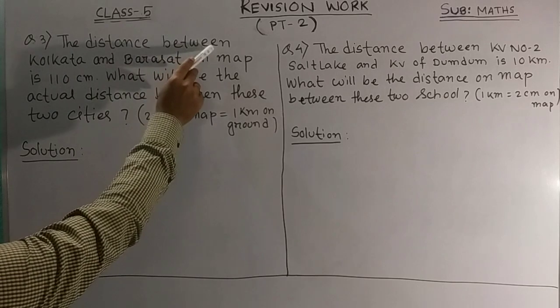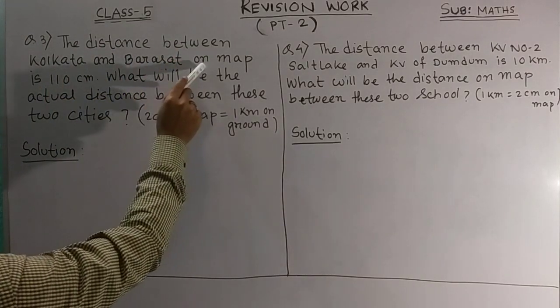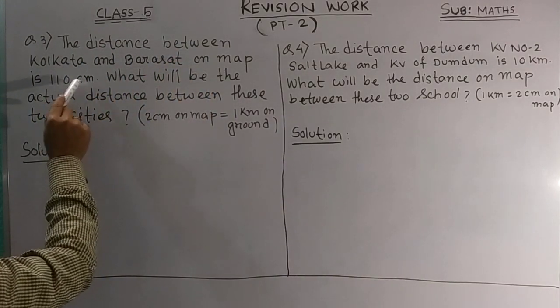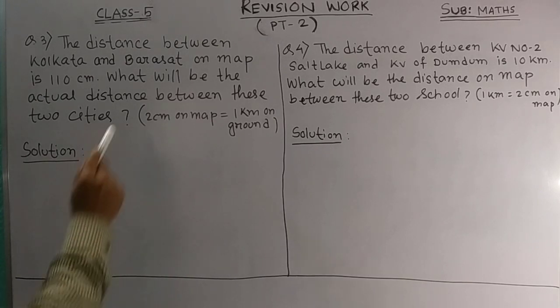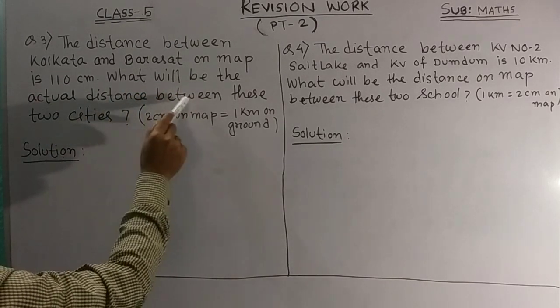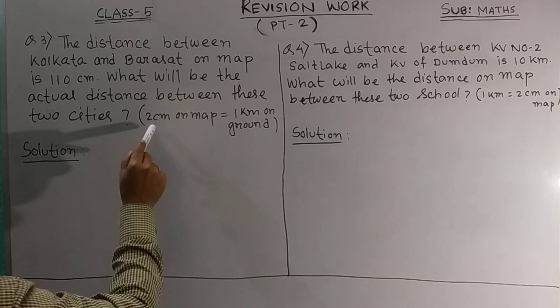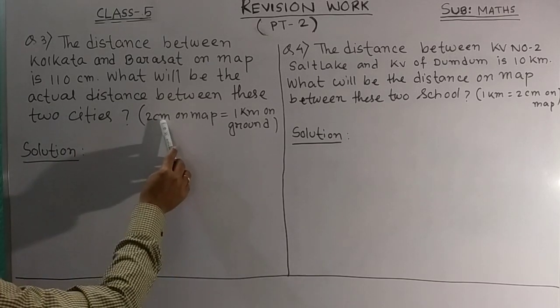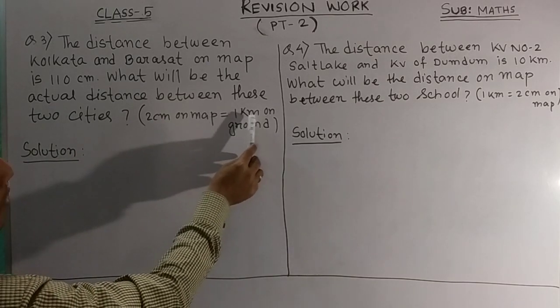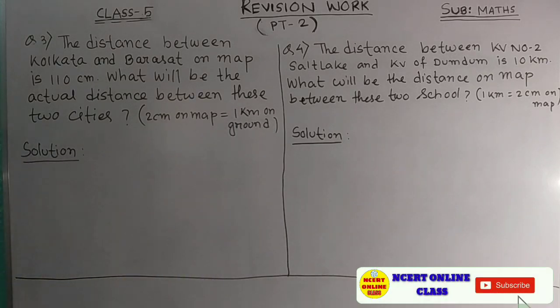The distance between Kolkata and Barasat on the map is 110 centimeters. What will be the actual distance between these two cities? You have the information that 2 centimeters on the map equals 1 km on the ground. Okay, very easily we can find out.